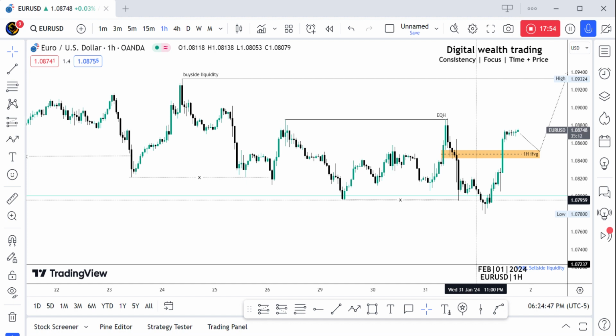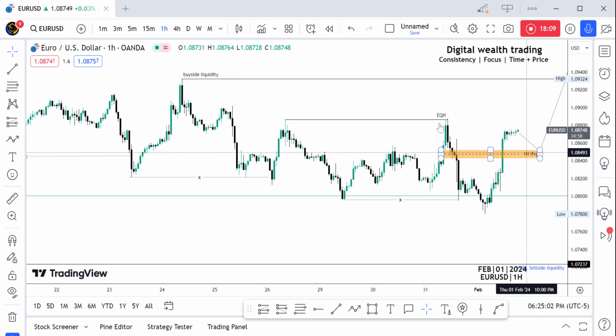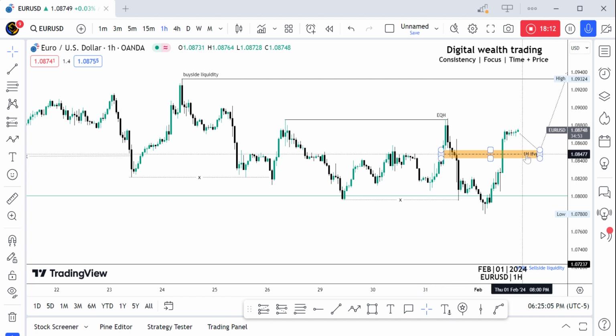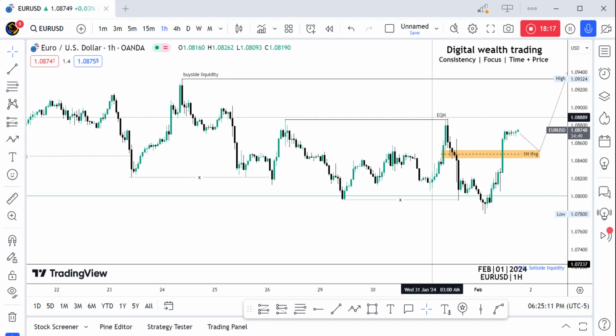Now note, tomorrow is Friday and the end of the week, so expect less and engage less. That's a precaution. So I'm looking towards that. If price did give us an opportunity here, if we did not take this equal high before the London session, then I'll be interested in being a buyer. But if we sweep this high before the London session tomorrow, I'm not engaging either as a seller or a buyer.